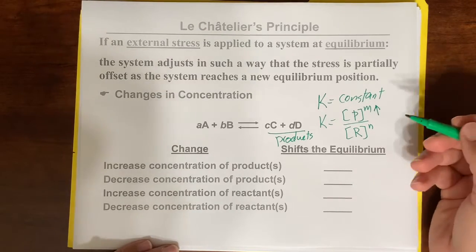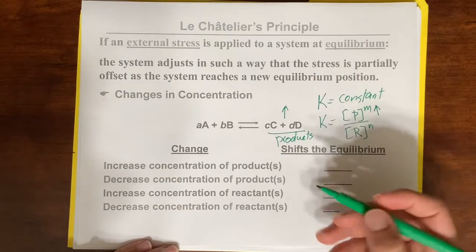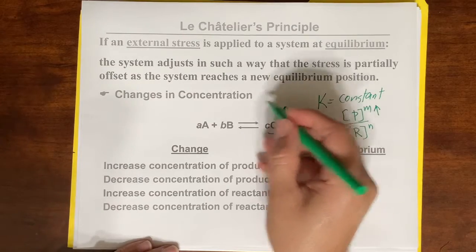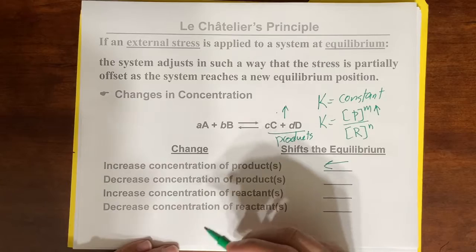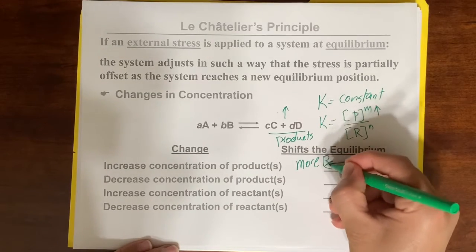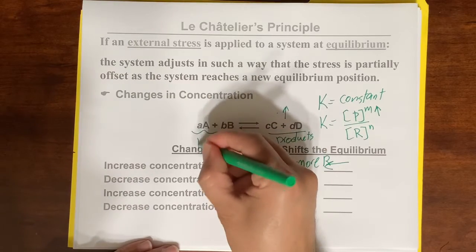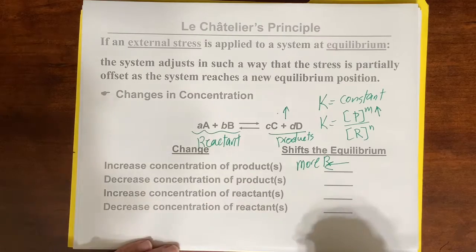We need to manipulate it. So if you increase the concentration of product, it will move back. The reaction will move to the left to generate more reactant.